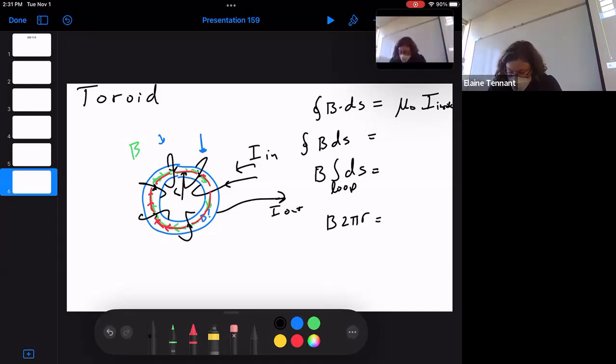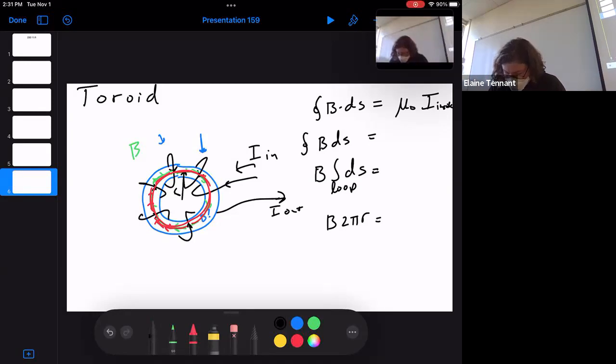Let's look at the other side, where we look at all the current going inside of that red circle. It doesn't matter what's going on outside of the circle, only the inside of the circle.